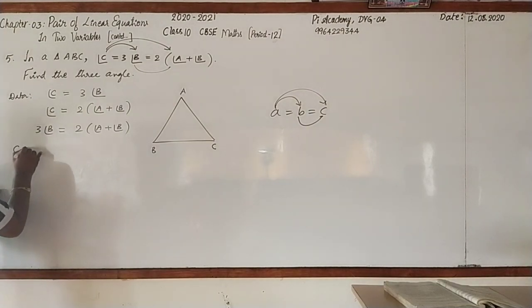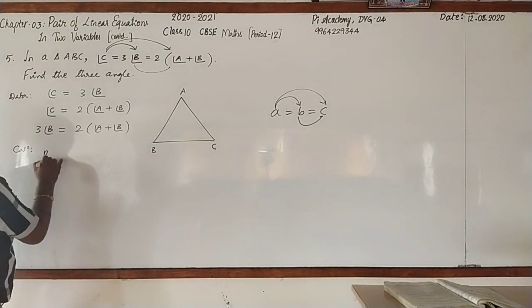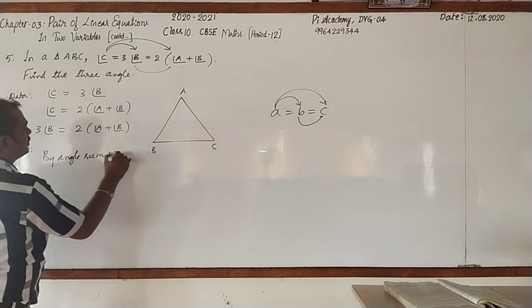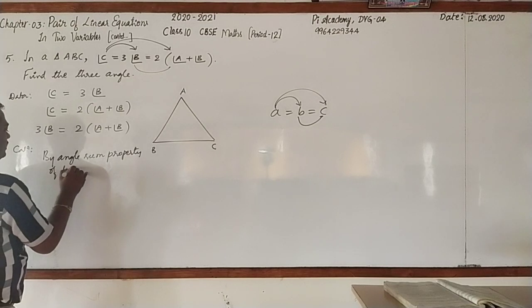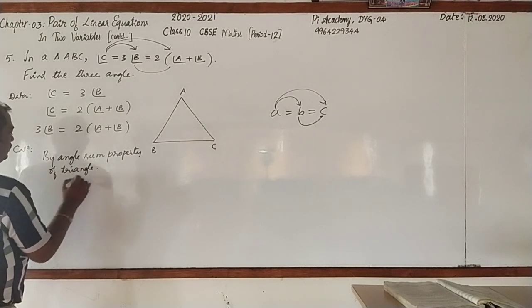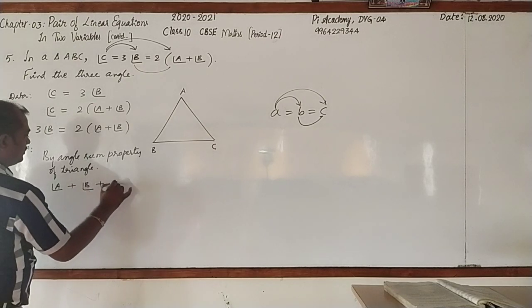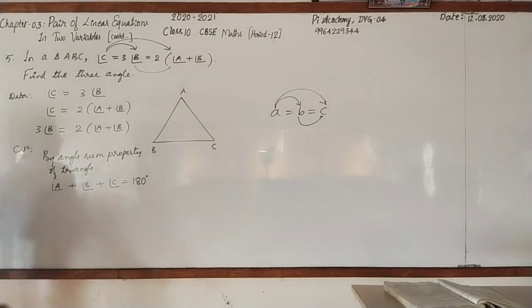Now, let's move on to calculation. As it is a triangle, we can go for using angle sum property of triangle. By angle sum property of triangle, we can write: angle A plus angle B plus angle C is equal to 180 degree.